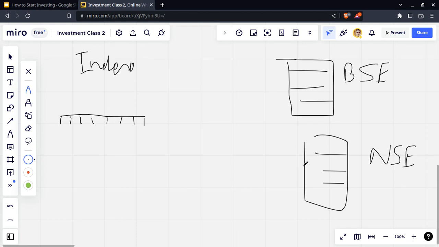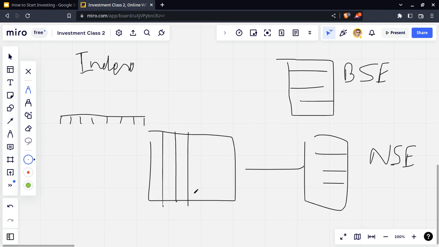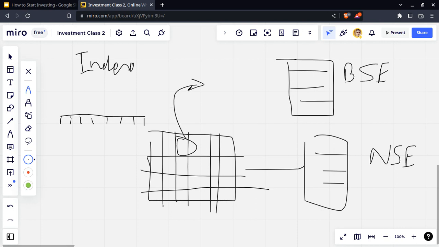Suppose we take the example of NSE. What they did, they took the entire market, divided it into segments, and out of all the segments they picked the top stocks, like one from retail segment, Dmart, one from petroleum segment, Reliance, one from banking, HDFC Bank.